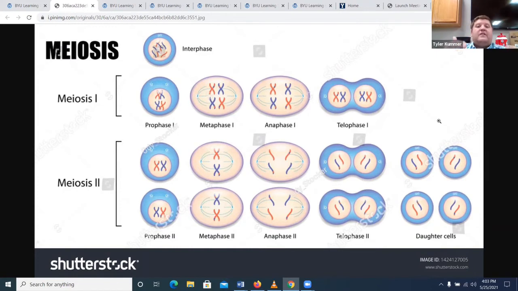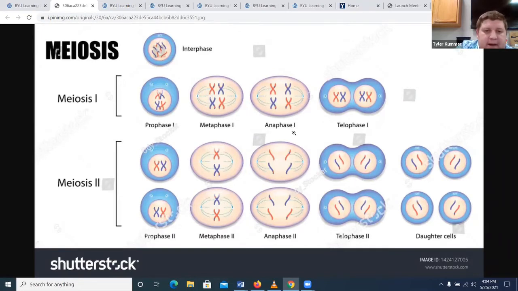So we go from being diploid to haploid, and when the gametes fuse to make the new individual, they end up being diploid again. If we didn't halve our chromosomes like this, we would end up with generation after generation of increasing chromosome numbers, and that can cause a lot of issues. That's the process of meiosis, okay?